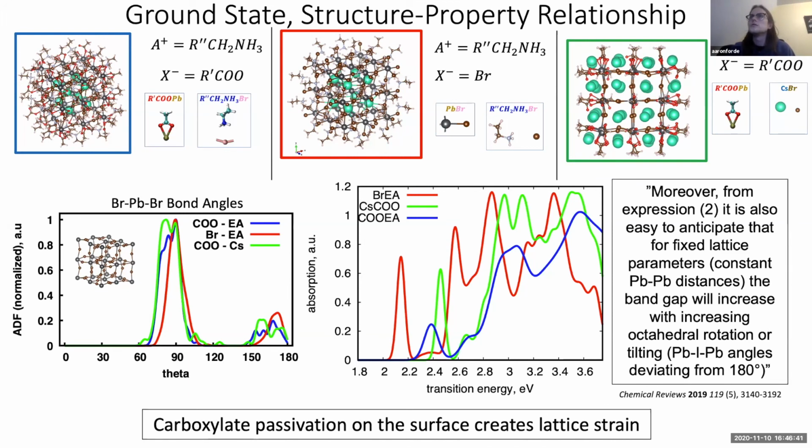Whether they're bigger or if it has to do with the bonding, I'm not exactly sure, but it's an observation that when these carboxylates are on the surface, there are changes in bond angles between lead and the halides, which has an impact on the optical spectra.